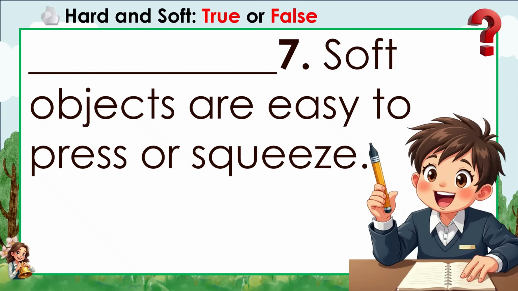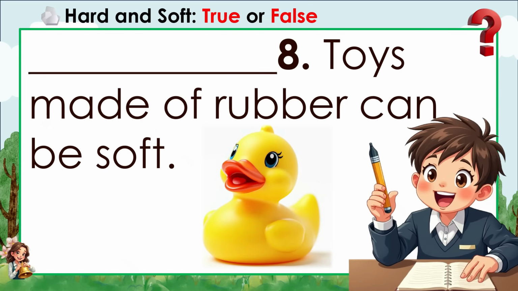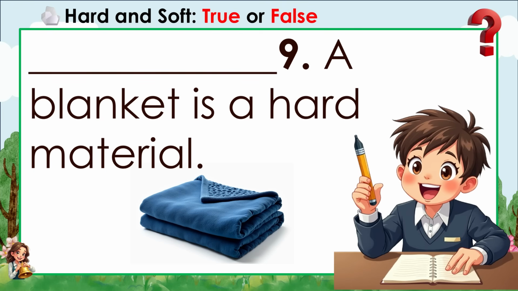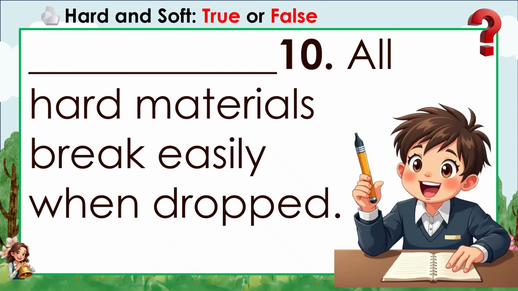Soft objects are easy to press or squeeze. 8. Toys made of rubber can be soft. 9. A blanket is a hard material. 10. All hard materials break easily when dropped.